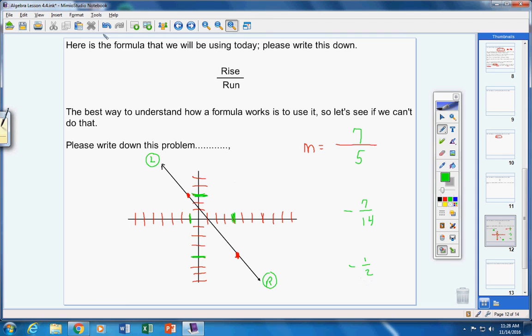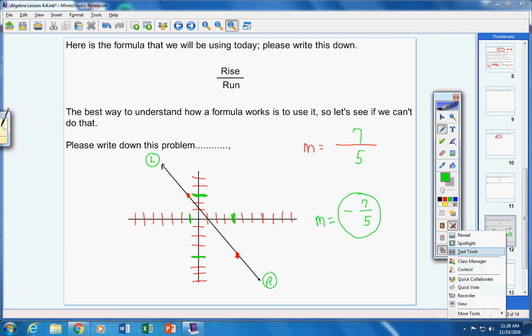Negative 1/2. So your answer is negative 7/5. That's rise over run. Okay? Negative 7/5. The main thing students forget to do is they forget to check to see if the line is sloping downward or upward. Okay? Don't forget to do that. Always check to see if your slope is negative or positive.